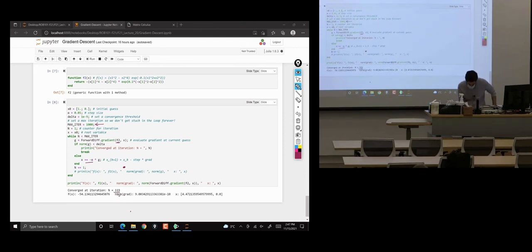So at 119, the gradient is 0 according to my threshold, delta. We're at roughly 4.5 and 0. Let's go back, look at the function, see where that falls.